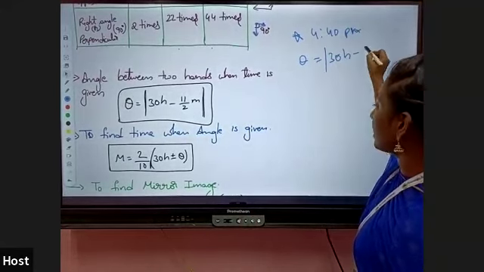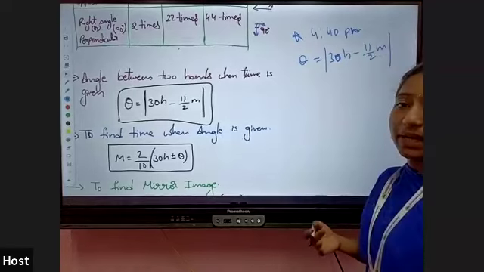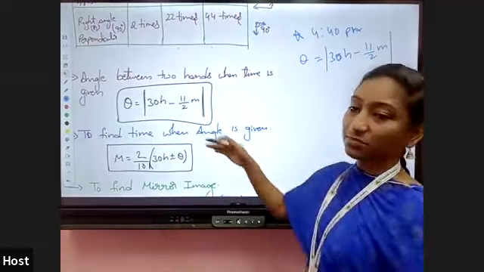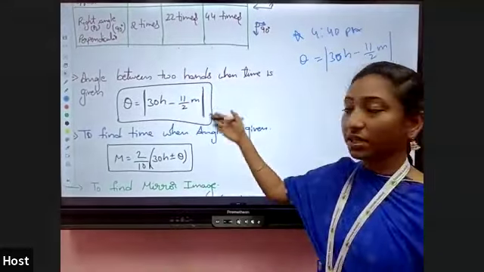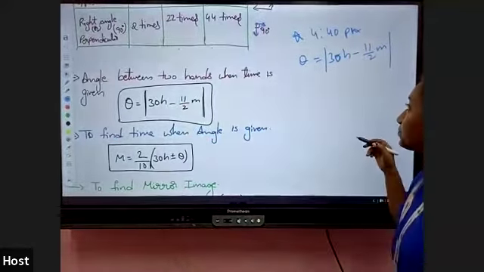So let us apply this: 30h minus 11 by 2 m. You can do 11 by 2 m minus 30h also. Due to this mod, 30h minus 11 by 2 m or 11 by 2 m minus 30h, both are the same.